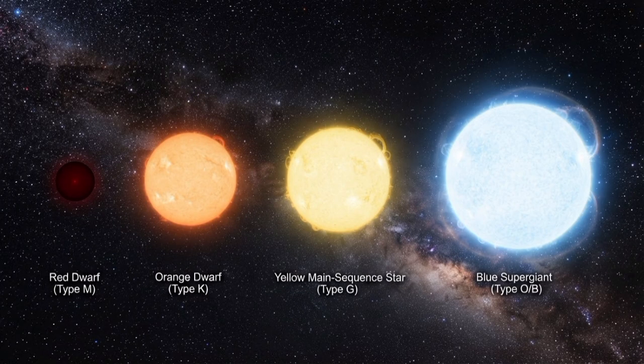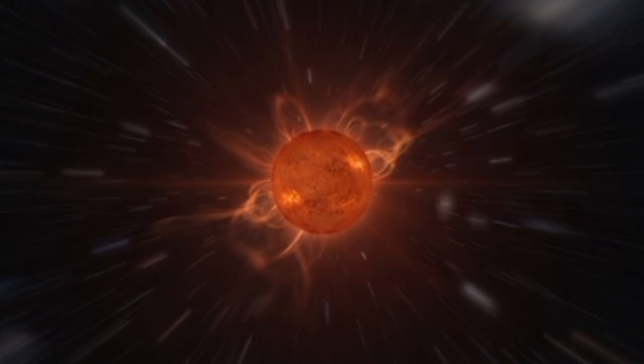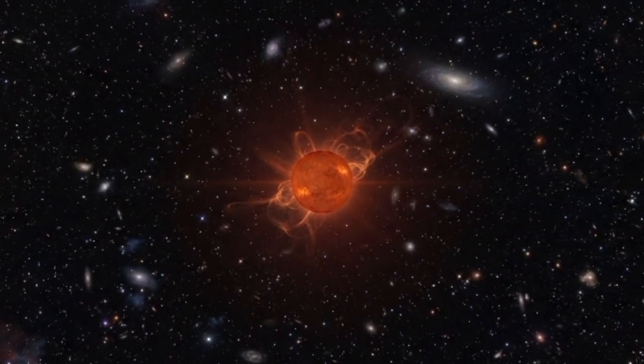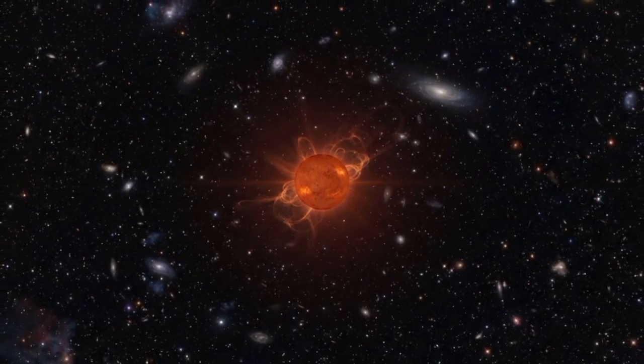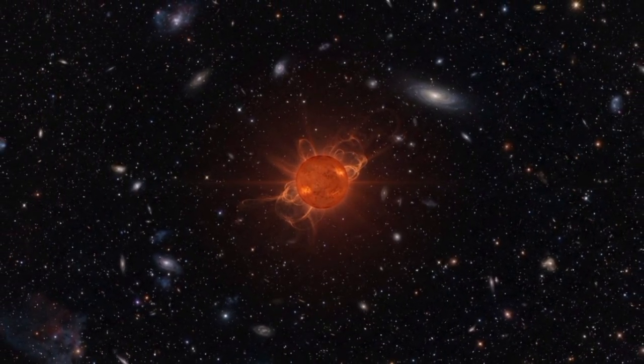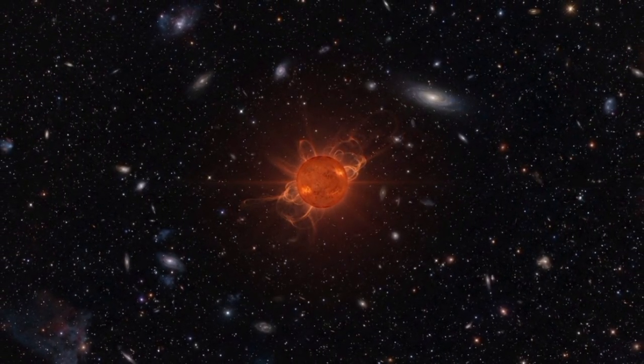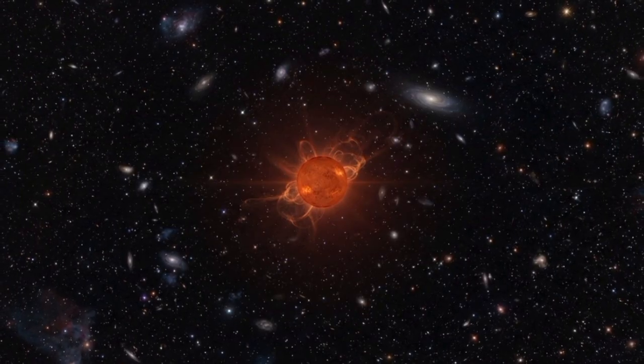The second option was a yellow sun-like star, similar to our own, a G-type main sequence star with a lifespan of around 10 billion years, stable, long-lived, and exactly the kind of star that gave Earth enough time to cook up everything from bacteria to blue whales.